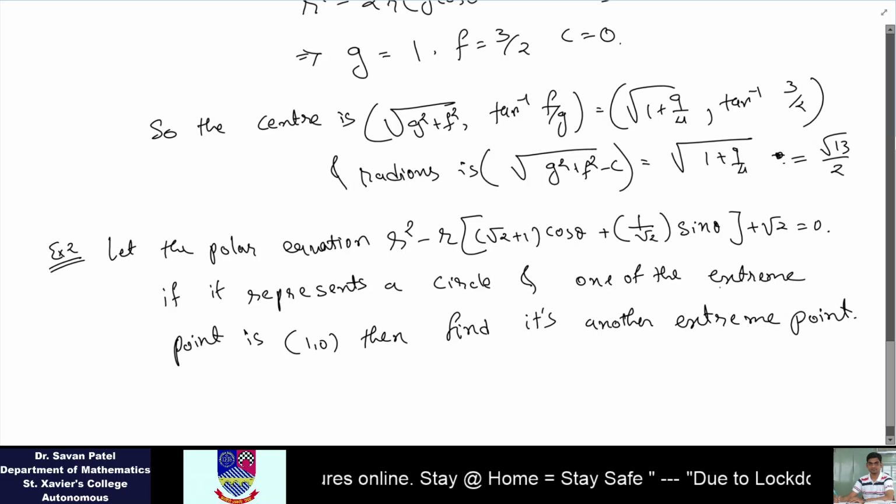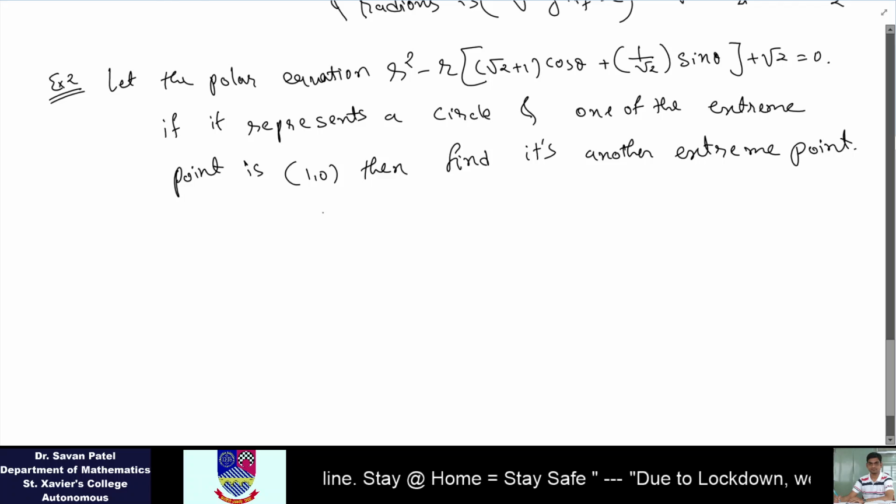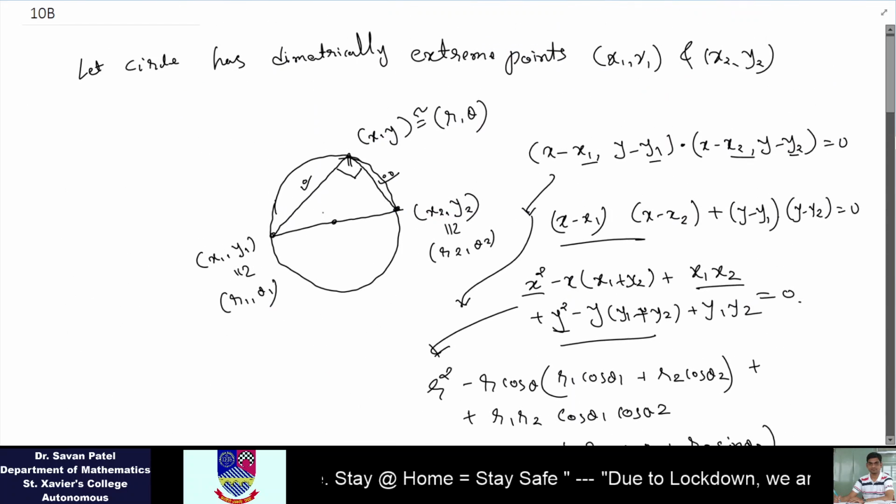Okay. The question is somewhat simple, but you have to deal with the situation. Let me recall the things from the previous. If your equation of circle is given in Cartesian form, then x square plus y square always has a constant coefficient, that is 1.